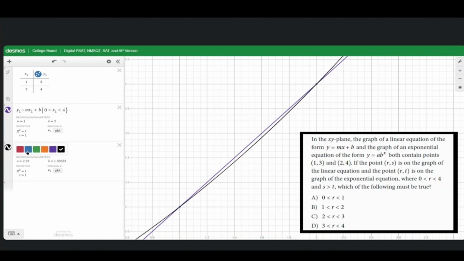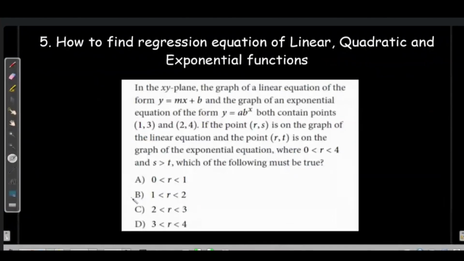If it's difficult to see the colors, I'll just change it over here. Yeah, maybe this is better. So you can see the violet one is above the blue one. Blue one is the exponential, and that happens between x equal to 1 and x equal to 2. So that's our answer in this case, which is between 1 and 2, which is option B.